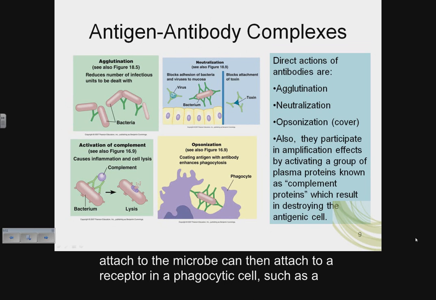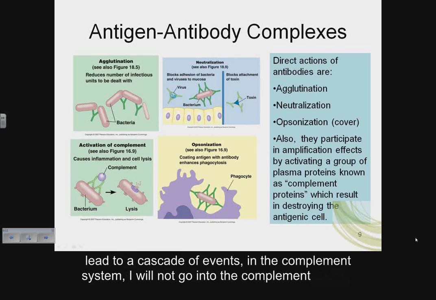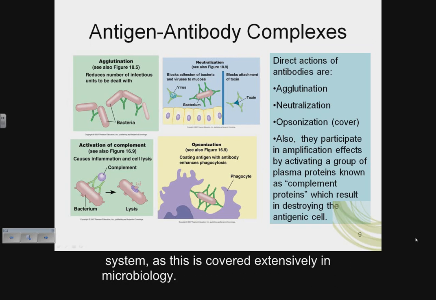Opsonization means that the antibodies that attach to the microbe can then attach to a receptor in a phagocytic cell, such as a macrophage, and this allows more potent phagocytosis. Additionally, the antibodies can lead to a cascade of events in the complement system. I will not go into the complement system as this is covered extensively in microbiology.